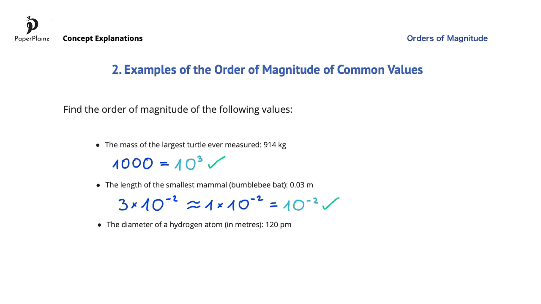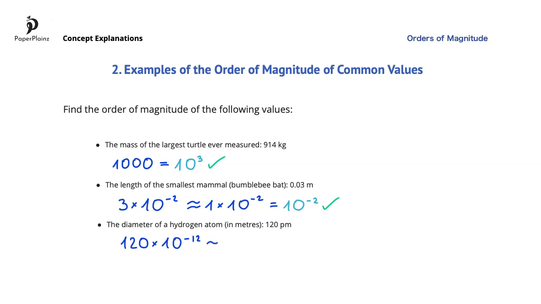We have to do a bit more work with the diameter of a hydrogen atom. Its size is 120 pm or picometers, and since pico stands for 10 to the power of negative 12, we can write 120 times 10 to the power of negative 12.